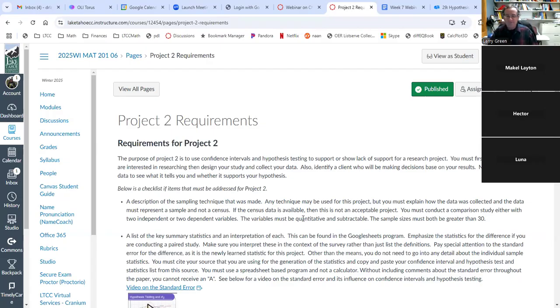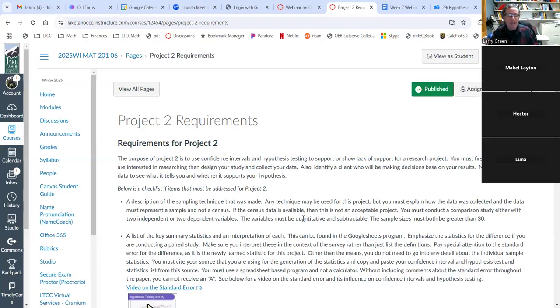You can actually go find data that can be collected online. You can even walk into a store and see how much a bunch of things cost, that kind of thing. It's very different. The last one was all about the sampling. This is all about the confidence interval and the hypothesis test.